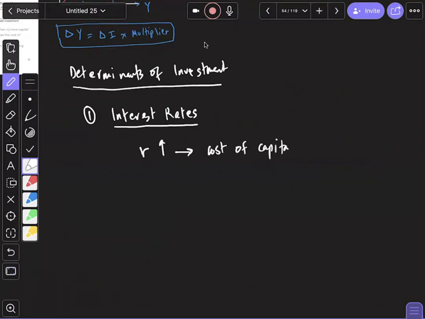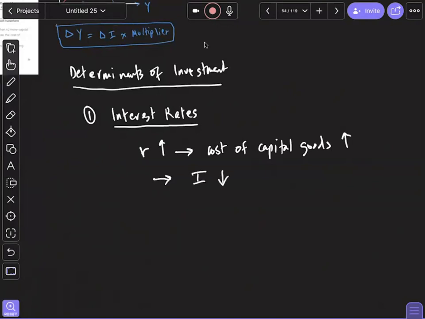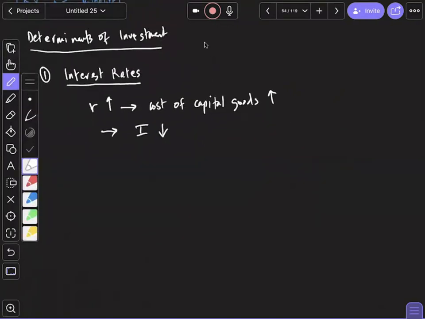So the cost of capital goods goes up, it becomes expensive to invest, and you will see investment levels go down. And they use a theory called marginal efficiency of capital.